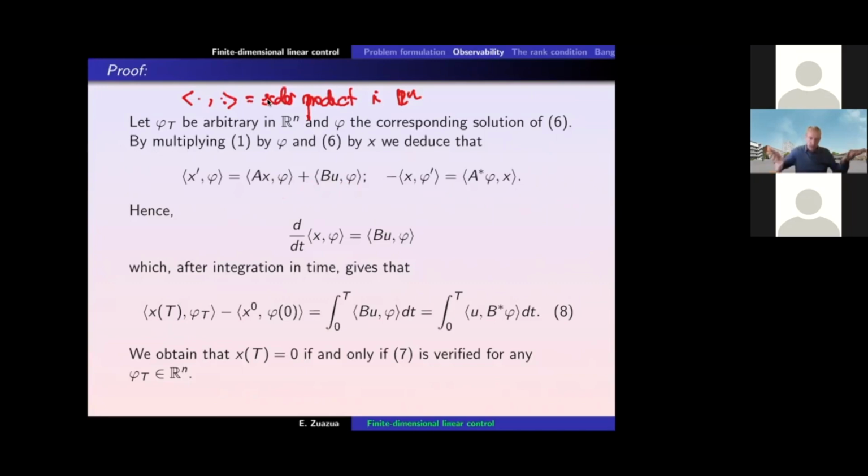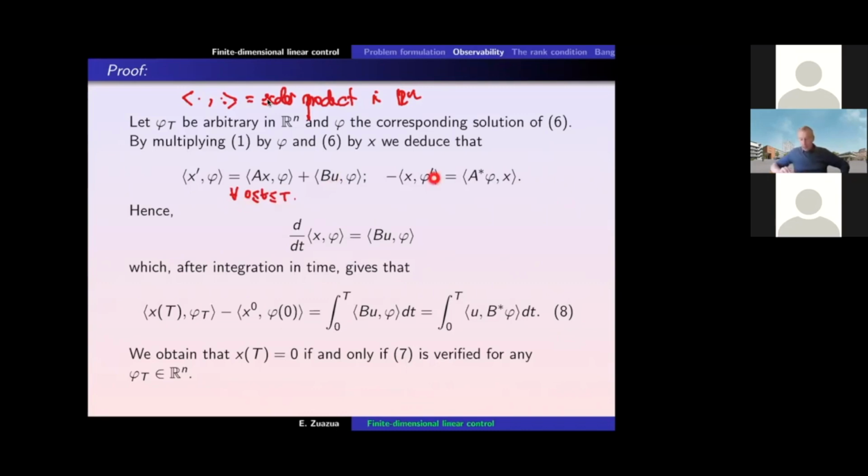This is the first identity, it's just trivial. This is of course true for every time from 0 to capital T, because the ODE x prime equals Ax plus Bu is fulfilled pointwise with respect to t.